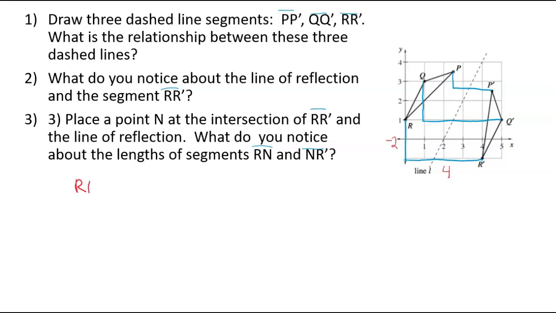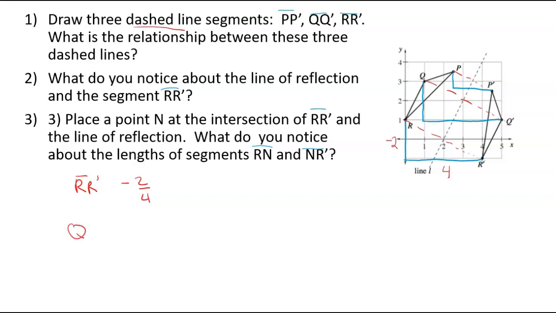So R to R prime, I go down 2 over 4. So I'm going to write that as a slope. The slope of this line right here is -2 over 4. That's really the dashed line you were supposed to draw. Those are our dashed lines. So the slope of the line R and R prime is -2 over 4.